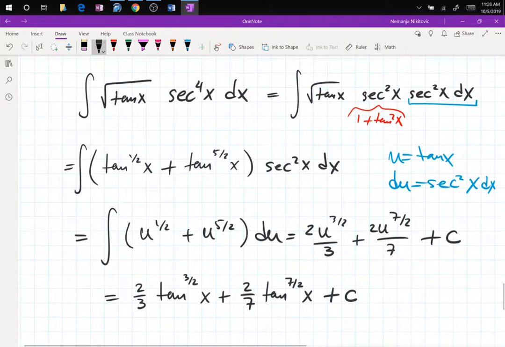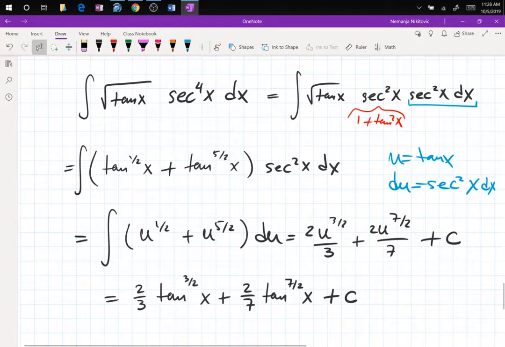And now you get to see the full Calculus 2 question, because of the secant to the 4th. So when the substitution is obvious, it's just Calc 1: derivative of tangent is secant squared, move along.